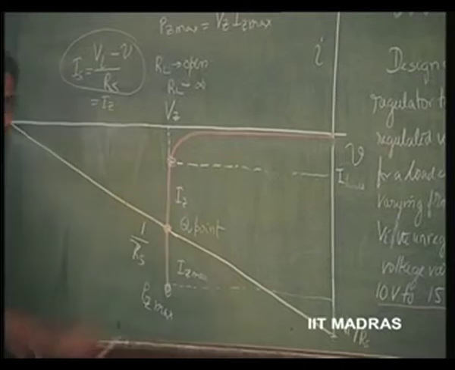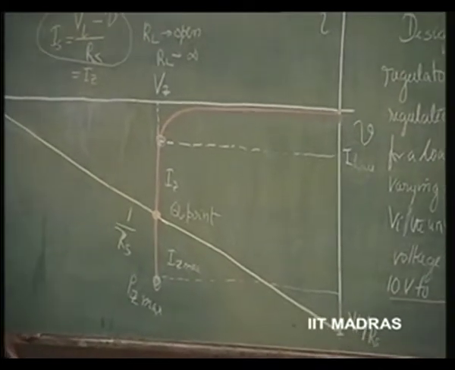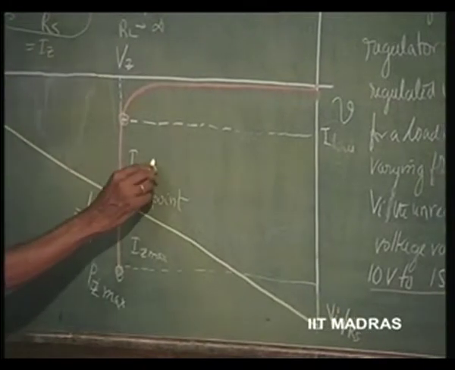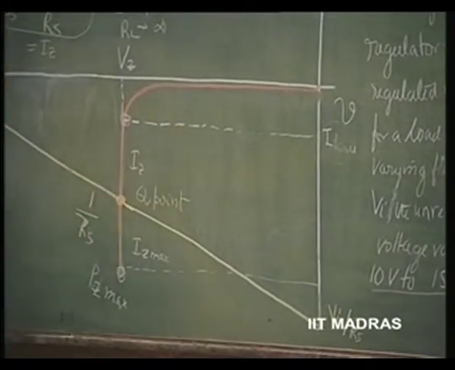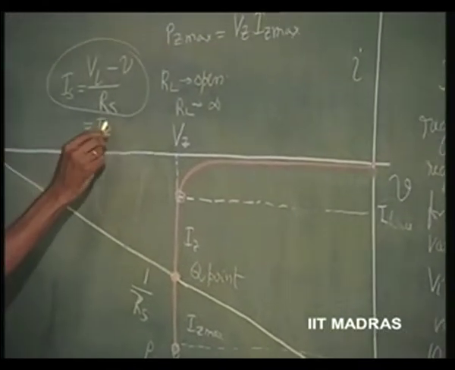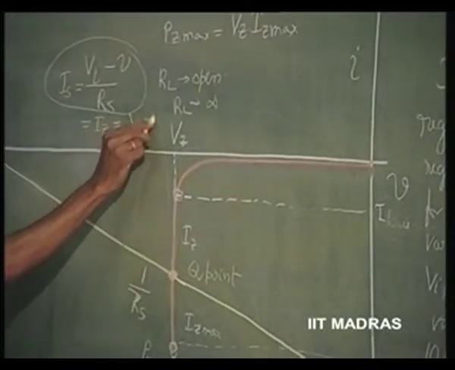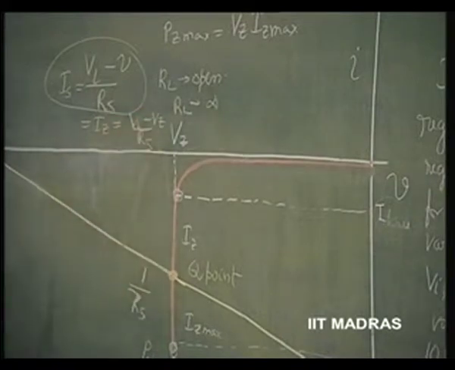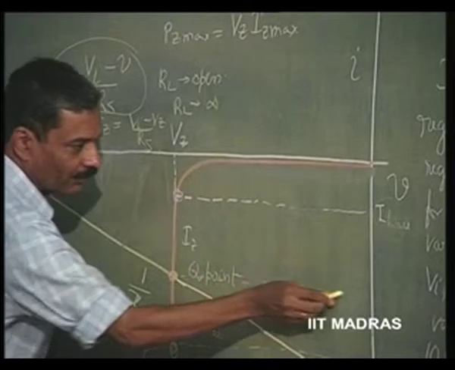This we had referred to the diode circuit also earlier, diode Q point. Here the Zener Q point, the Zener is quiescent at this point. So, you can see here the Zener voltage is almost constant there. So, it is Vz, and therefore, it is very simple to obtain the operating point. If V is very close to Vz, then Is is nothing but Iz is equal to VI minus Vz by Rs. That is what this gives as the current. This is the current of operation.